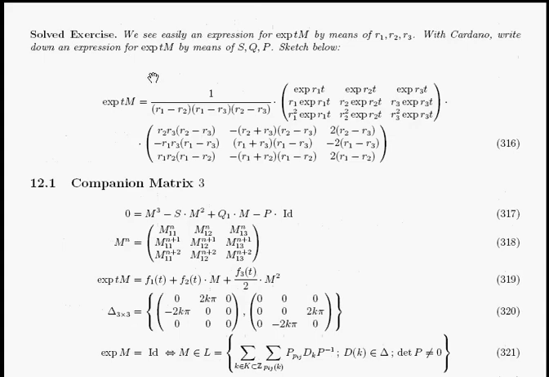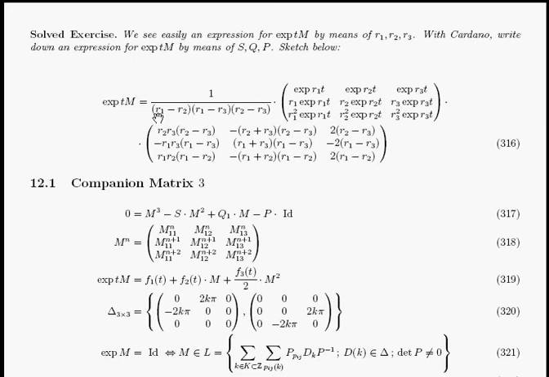Solved exercise. We see easily an expression of exponential of tm by means of r1, r2, r3. So here is the exponential of tm is our matrix E multiplied our t inverted and transposed. With Cardano, write down an expression for exponential of tm by means of s, q, and p. So we have to use Cardano.